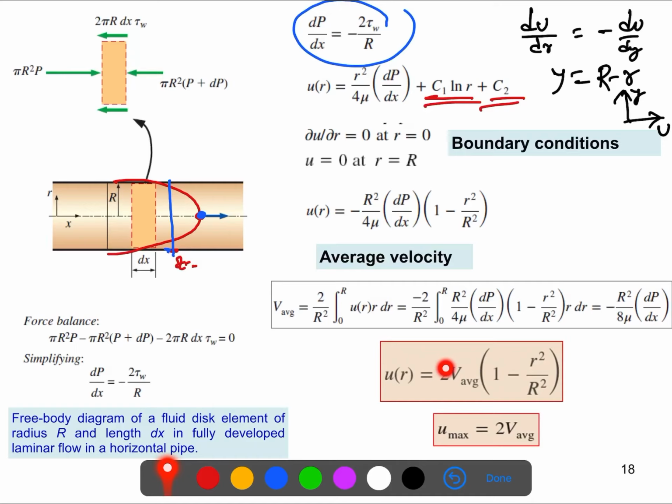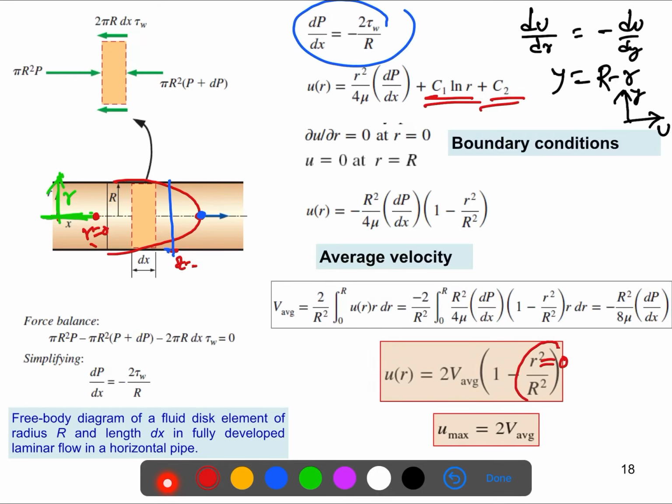But what do we know? The maximum velocity will be at the center line. If this is our coordinate system, x and this is r, then at the center line r is equal to 0. If you want to get the maximum velocity, let's put r equal to 0.